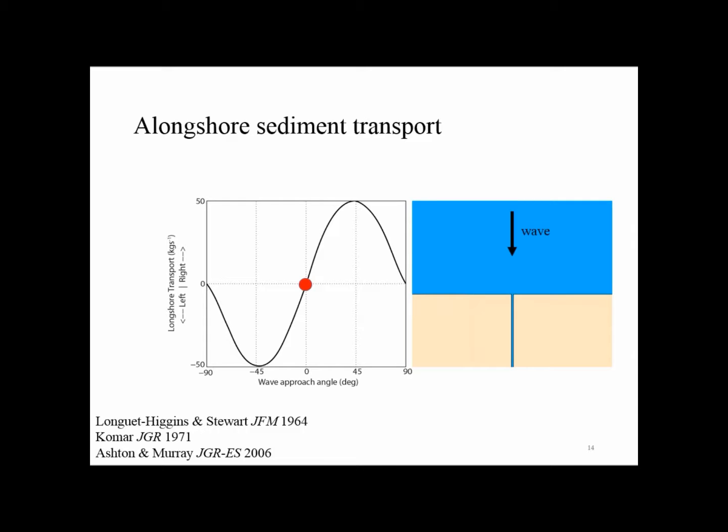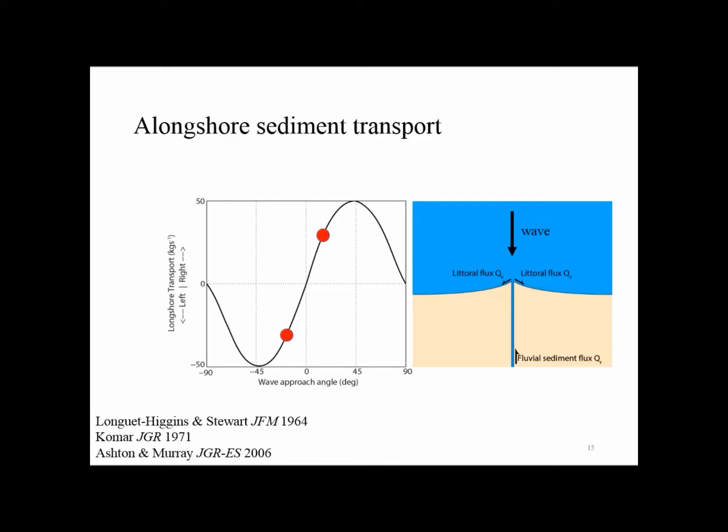Well, in one very simple condition, we'll have this straight coastline again and one wave that approaches straight on. In that case, of course, there is no refraction of that wave, so you don't have any alongshore sediment transport. You're here at the origin of this function. In another example, let's say we have a river that puts in some amount of fluvial sediment.